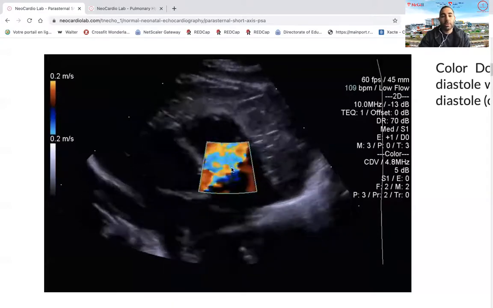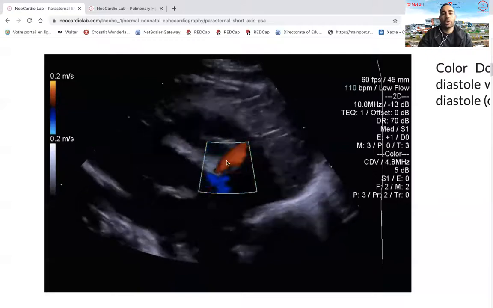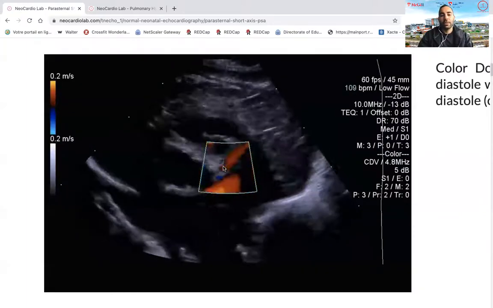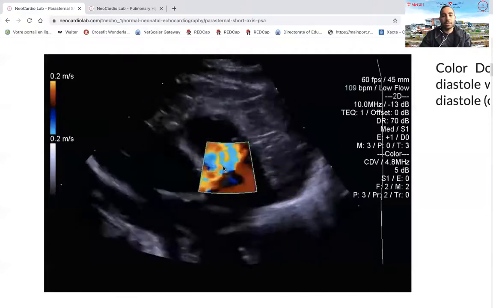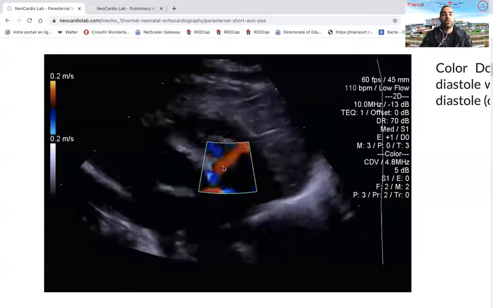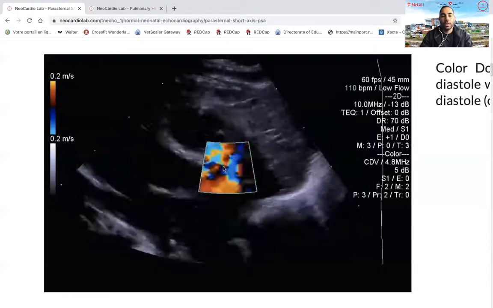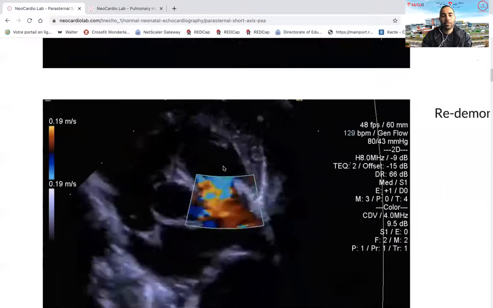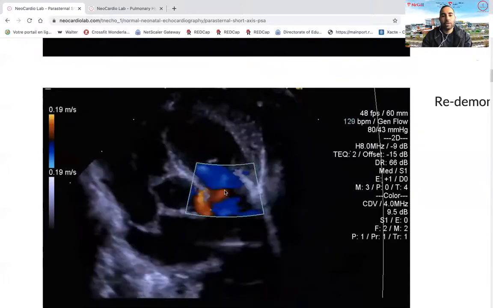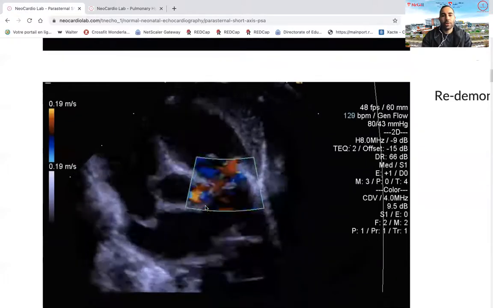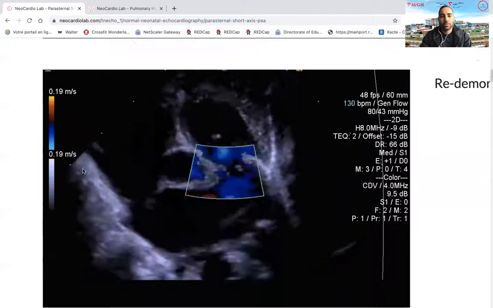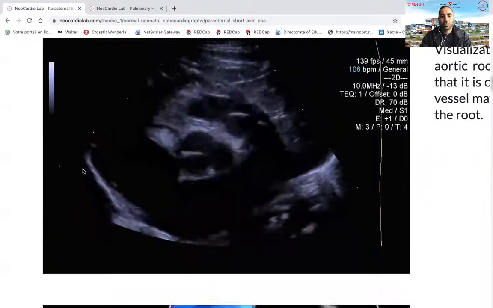And then there are some echo labs that will also Doppler the coronary blood flow to make sure that this is not just an artifact and it's actually flow that occurs during diastole in a positive velocity fashion. And this is another example of the flow through the left coronary artery with a very low Nyquist.